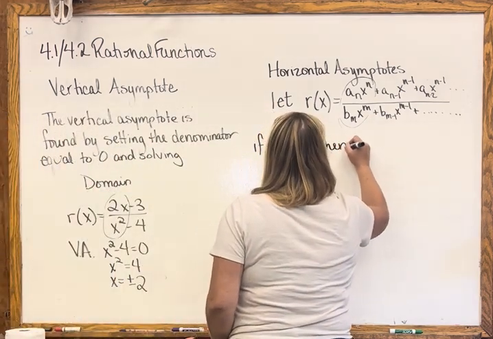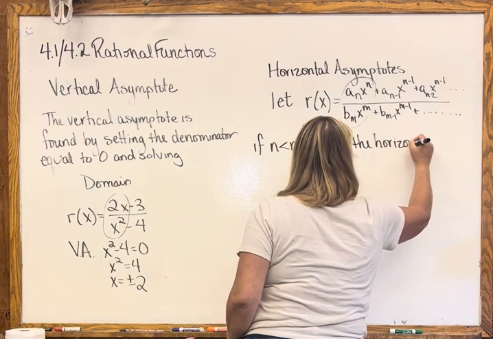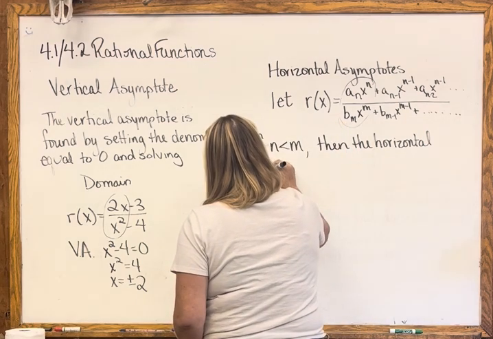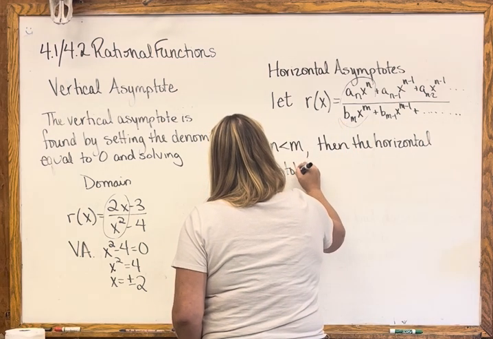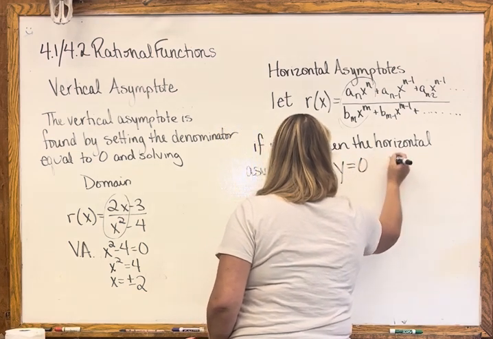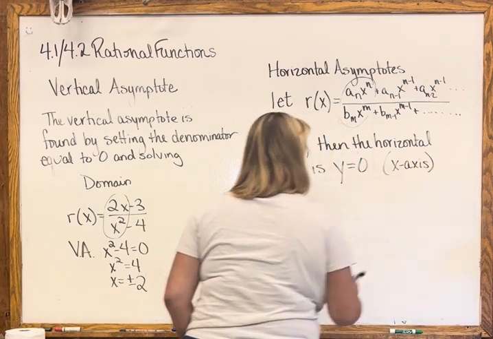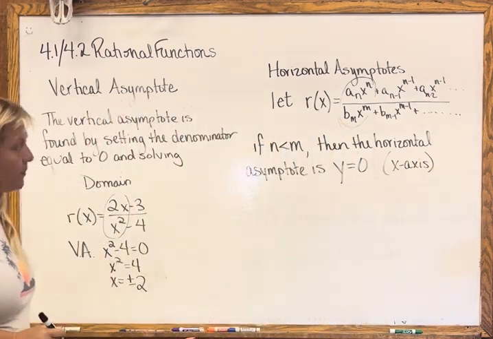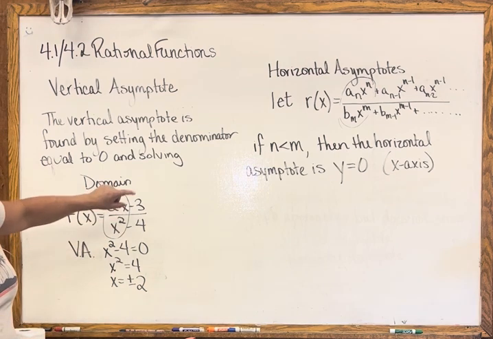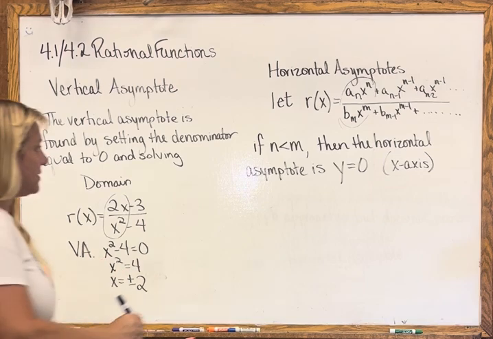Then the horizontal asymptote is y equals 0. And this is the x-axis. Okay. So if the degree on top is lower than the degree on bottom, then the asymptote is right there at 0. Nice, no issues.